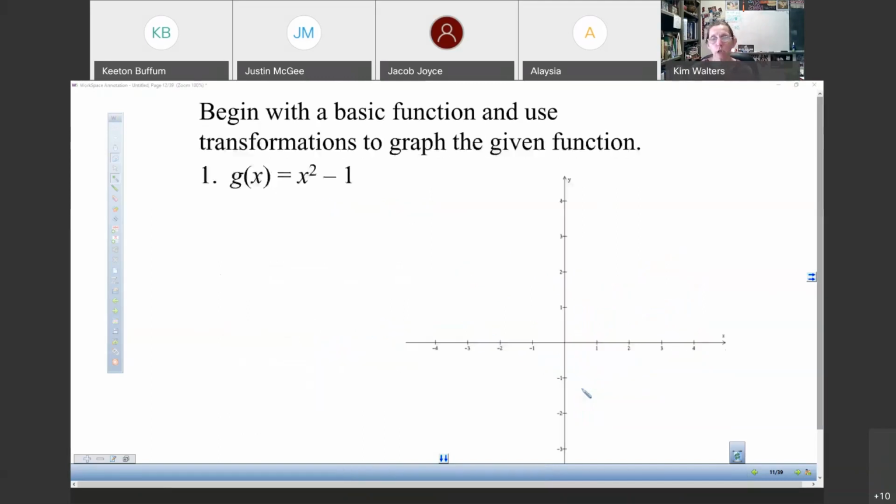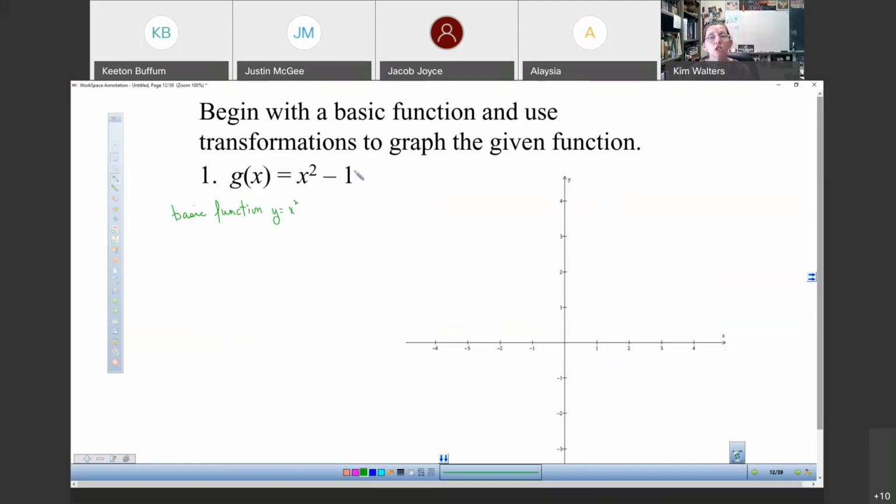All right, so let's start with this first one that says g of x is equal to x squared minus 1. The first thing I need you to do is identify what my basic toolbox function is, and then where we're going to shift that function. I'm going to do this first one, and then I'm going to start asking you guys to help me with the ones after this. My basic function here is y is equal to x squared, because I see this x squared here.